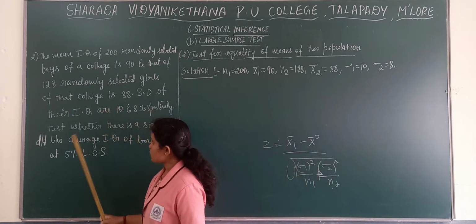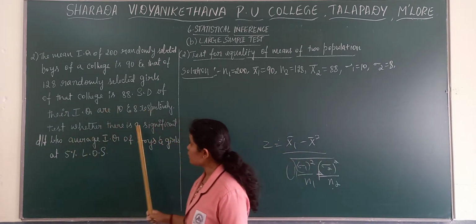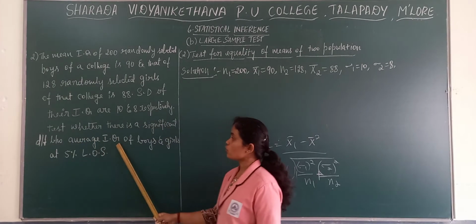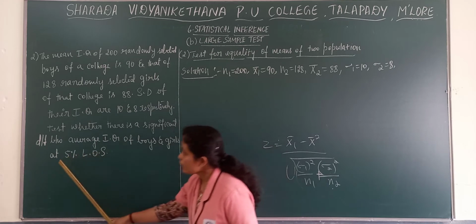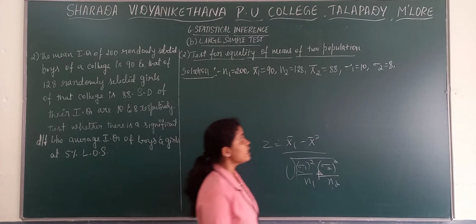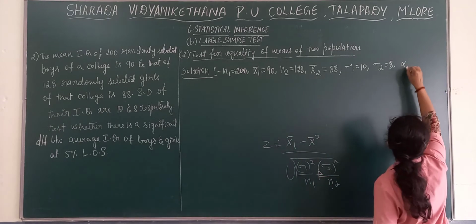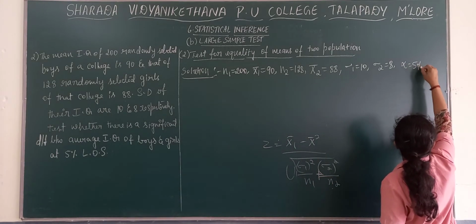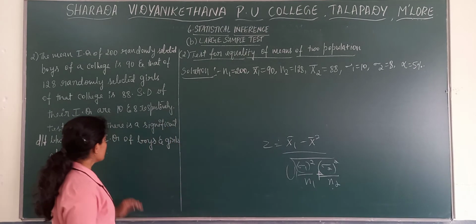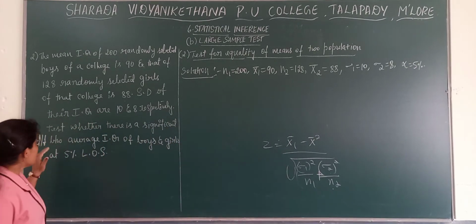Test whether there is a significant difference between the average IQ of boys and girls at 5% level of significance. What is the level of significance here? The level of significance is 5%. Now, when you check the question, what do you need to find out?